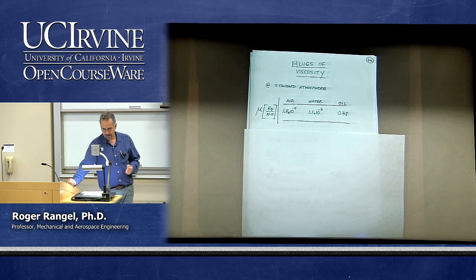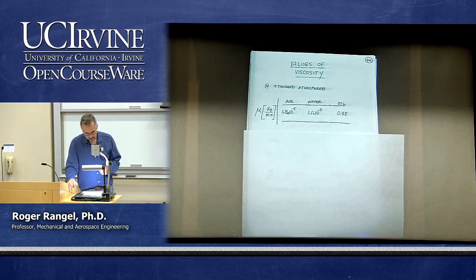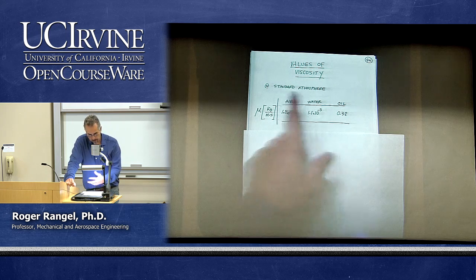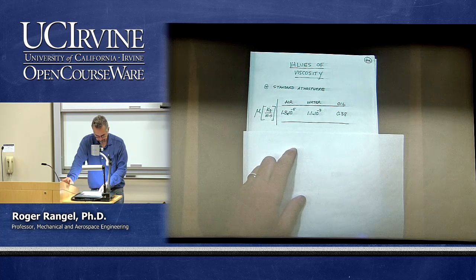So it's important to have an idea of what the values of the viscosity are for these fluids. And these are at the so-called standard atmosphere, so at normal room conditions, 1 atmosphere of pressure, 300 degrees Kelvin.